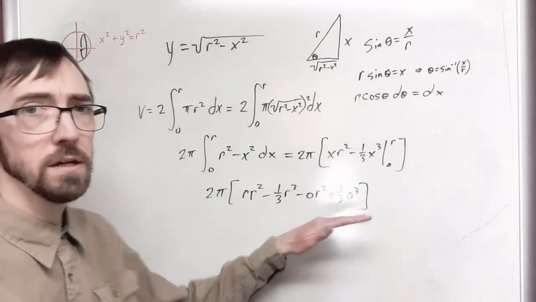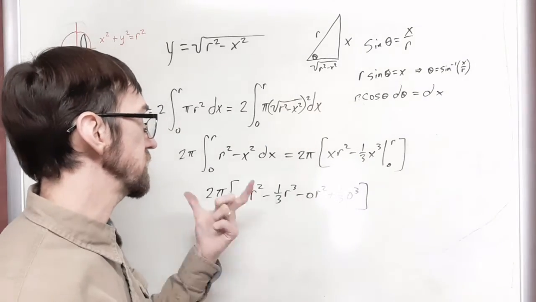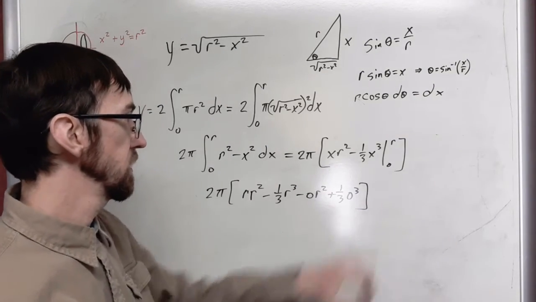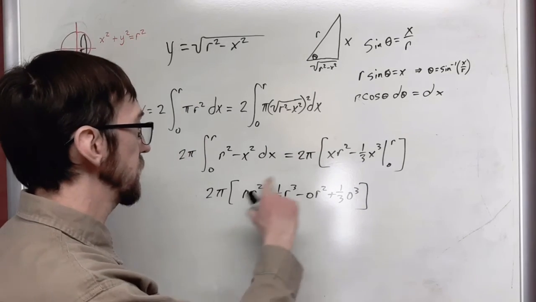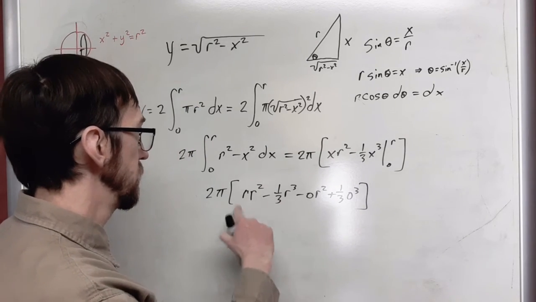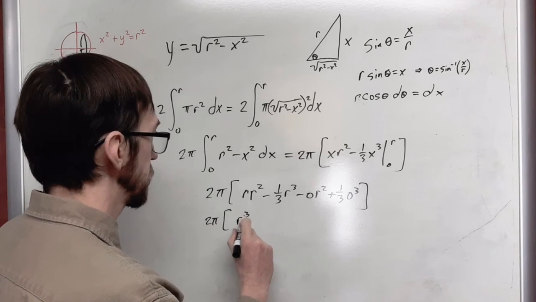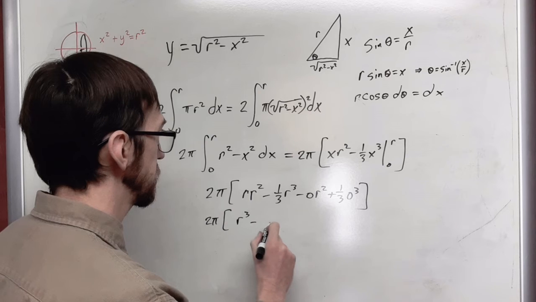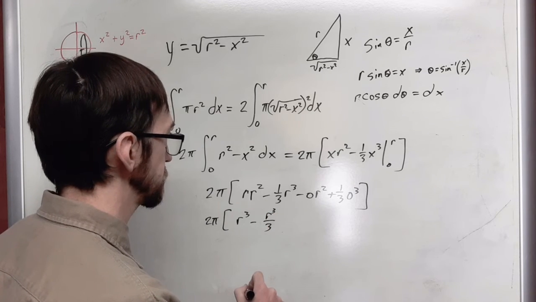And so we see again that the second half of this doesn't really contribute anything to the magnitude of this, since these are 0, and so they go to 0. So we're really looking at what's going on over here. So we end up with 2 pi r cubed minus r cubed thirds.